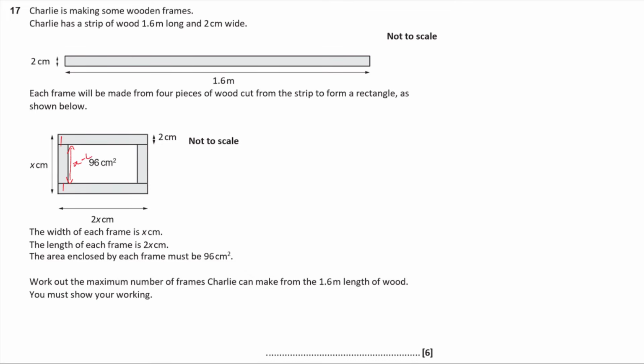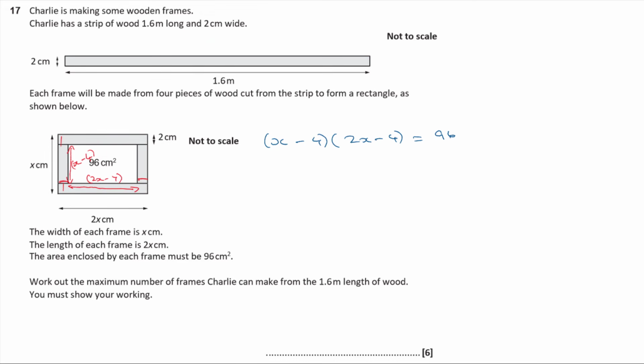So x minus 4 in that direction. And then from here to here, that's going to be 2x minus 2, 4 as well, isn't it? So that's going to be 2x minus 4, okay? And then those two things multiply together, so x minus 4 times 2x minus 4 is going to be equal to the area I've been given, isn't it, of 96, okay?